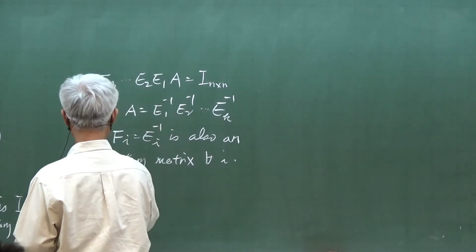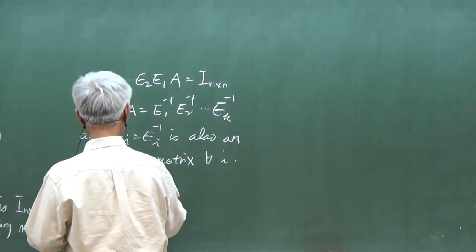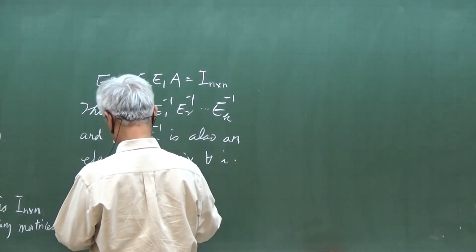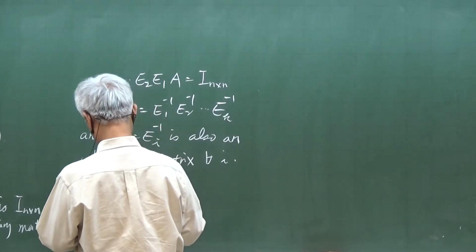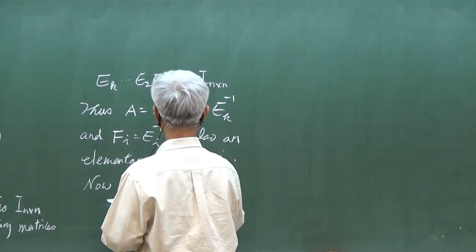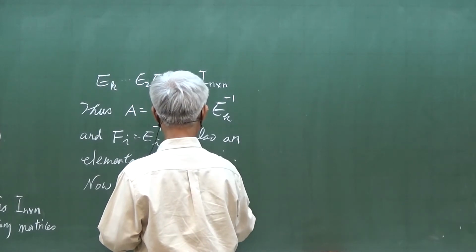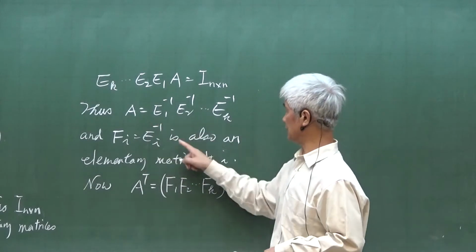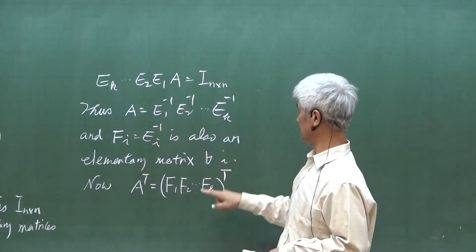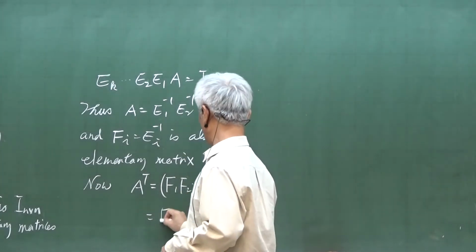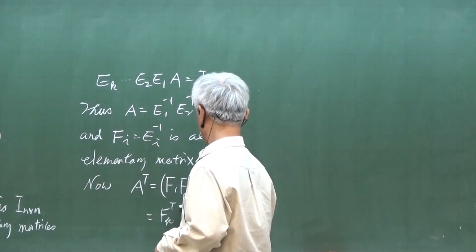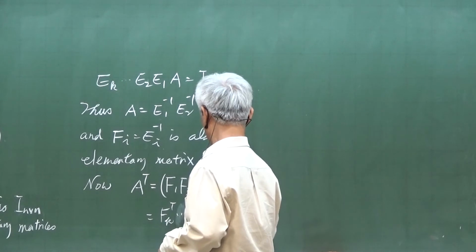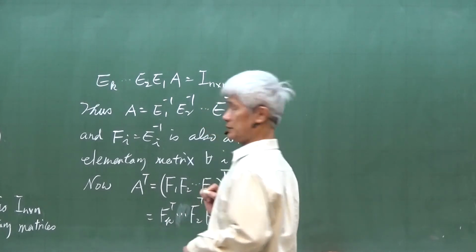And now, A transpose is equal to (F1 F2 ... Fk) transpose, right? Because A is the product of F1, F2, up to Fk, and this is Fk transpose, up to F2 transpose, F1 transpose.